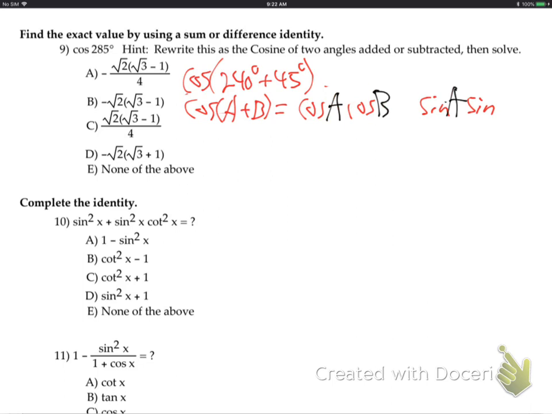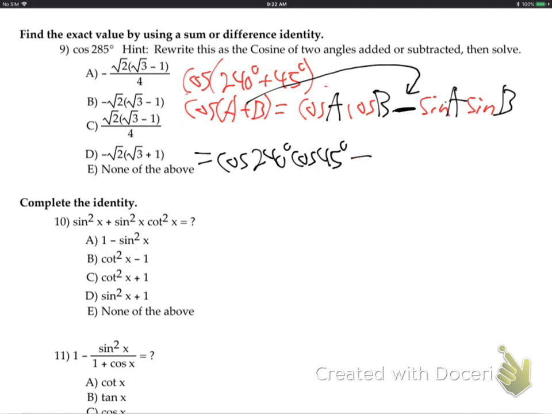A, B, A, B. He's not your friend. So if there's a plus here, that becomes minus. Cosine always does the opposite sign. You'll have that in your full sheet of notes for the final, right? So therefore, this becomes cosine 240 cosine 45 minus sine 240 sine 45. So then you go to the happy unit circle.